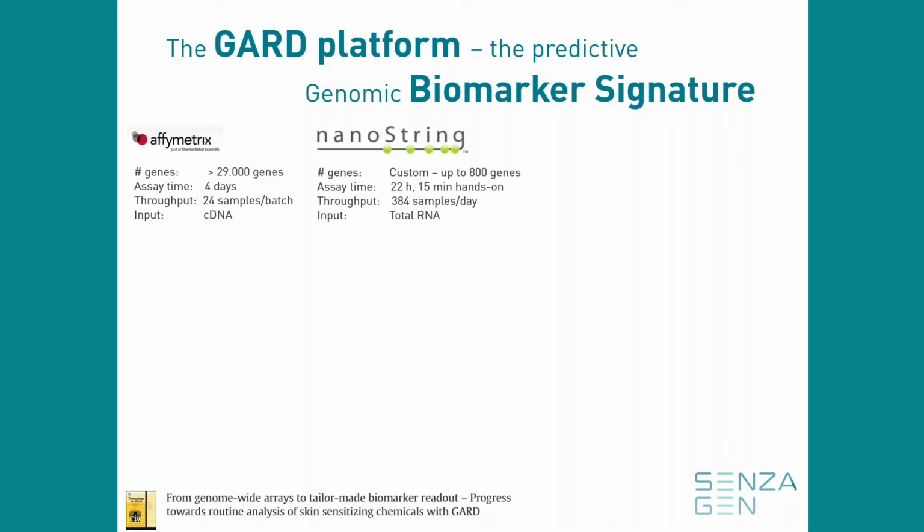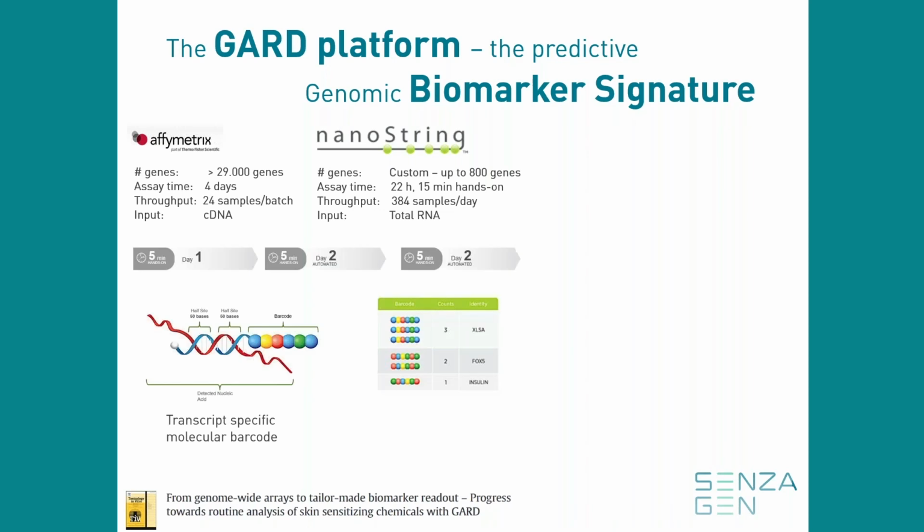The benefits here are, of course, apparent because we can do the analysis in 22 hours with only 15 minutes hands-on time, and we can simultaneously increase the sample throughput to 384 samples per day. And you can do the analysis directly from total RNA, so you don't need to prepare any cDNA again.